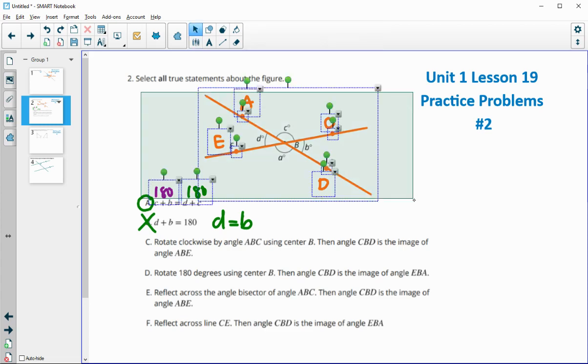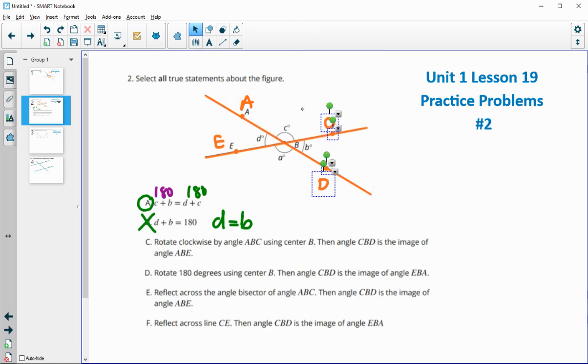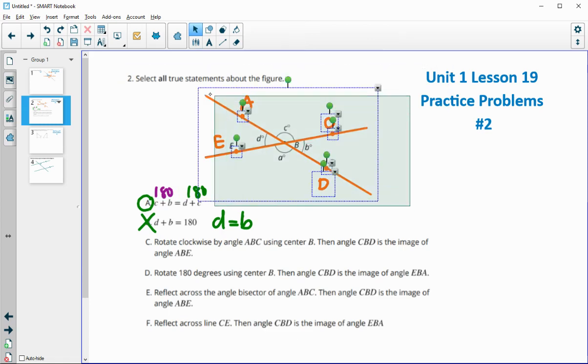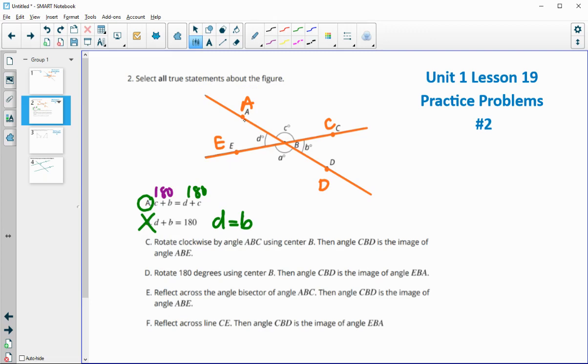All right, so this first one, let me get this highlighted. This letter C asks us to rotate clockwise by angle ABC. So we're going to want to rotate by angle ABC using B as the center.